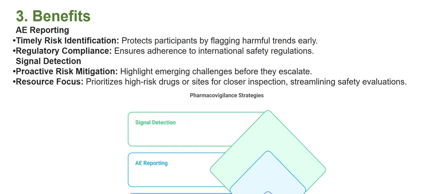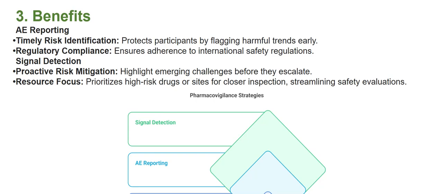Here we have benefits. Adverse event reporting, AE reporting: timely risk identification protects participants by flagging harmful trends early, and regulatory compliance ensures adherence to international safety regulations. While for signal detection, the benefit is proactive risk mitigation, highlighting emerging changes before they escalate, being proactive rather than waiting in order to react.